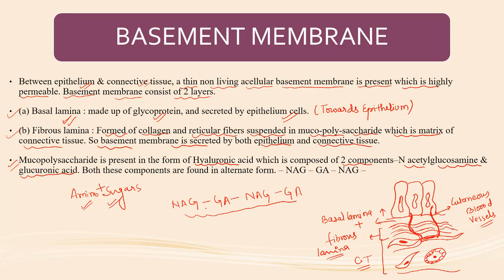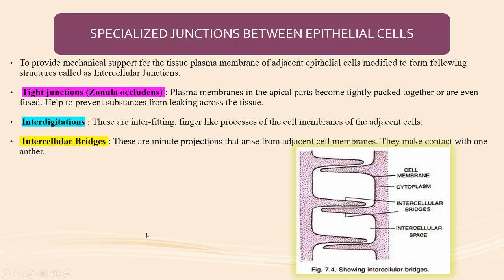Now we have complex sugars, a mixture of amino acid and sugar, a kind of mucopolysaccharide in the form of hyaluronic acid. The chains alternate N-acetyl glucosamine and glucuronic acid. In this way, these sugars are very compactly packed and make a supported structure. I hope you got it about the basement membrane.